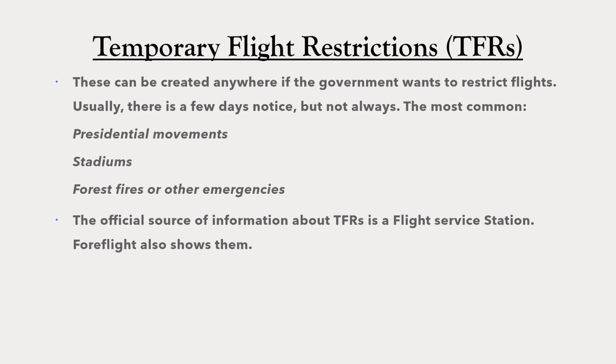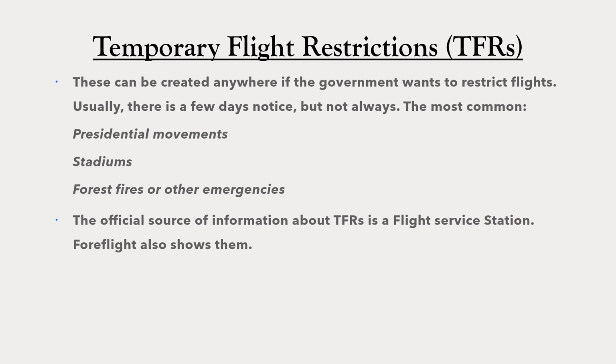So the official source of information about temporary flight restrictions is a flight service station. 4Flight shows them. I've never known it to not be right, but it isn't official information. Usually these flight restrictions get announced at least a few days ahead, but there are some situations where they would be announced on very short notice.